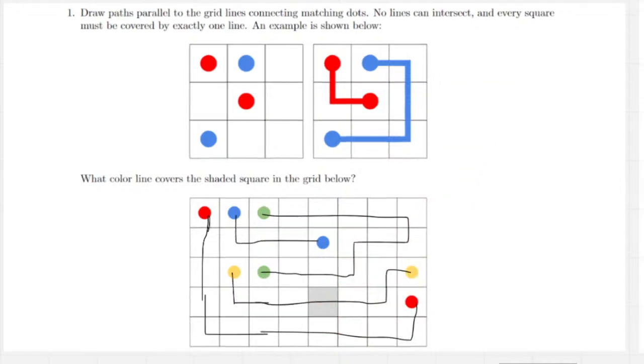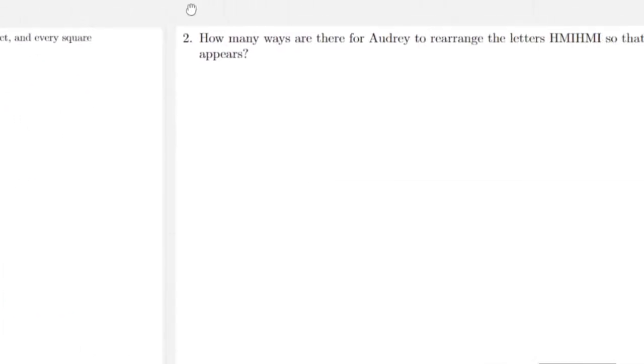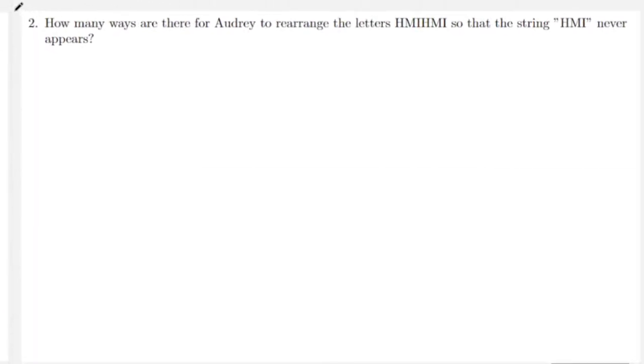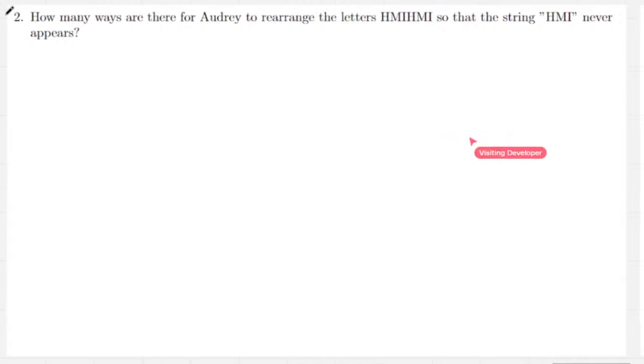Okay, moving on to number 2. Number 2 asks for the number of ways there are for Audrey to rearrange the letters of HMMIT so that the string HMI never appears. So for this problem, we'll be using complementary counting since it's easier to find the number of ways to rearrange the letters such that HMI does appear and subtract this from the total.